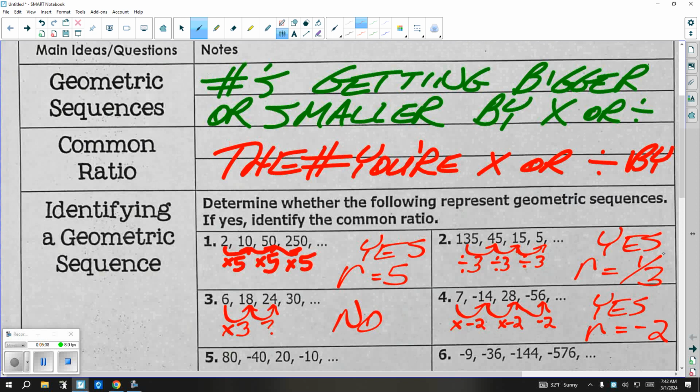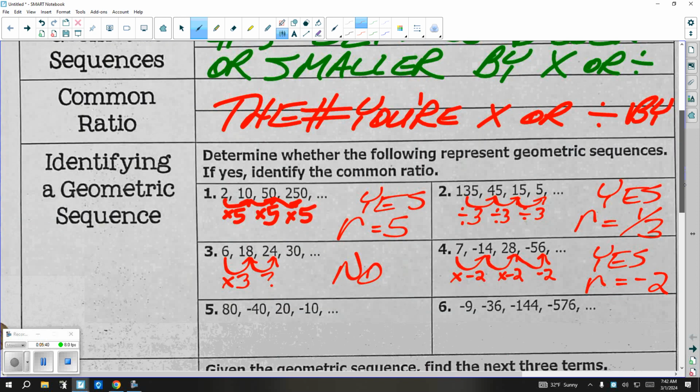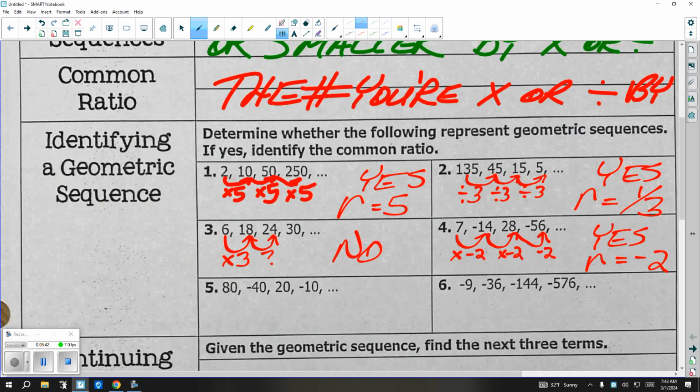Okay, the numbers were getting bigger. Now the numbers are getting smaller again. So when the numbers are getting smaller, I like to deal with this side first. To go from here to there, I divide by -2, right? How about from here to there? Oh, yeah, -2. How about from here to there? Oh, yeah, -2.